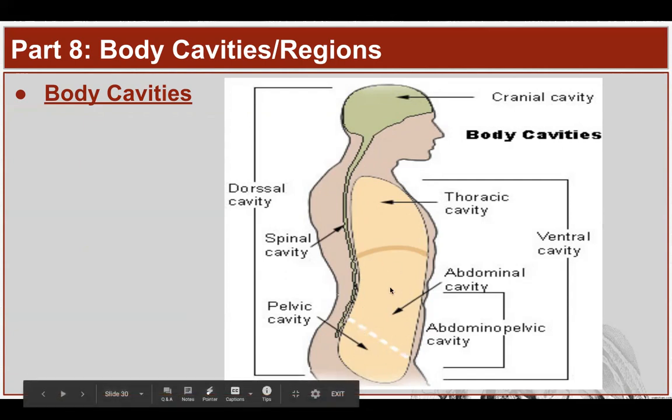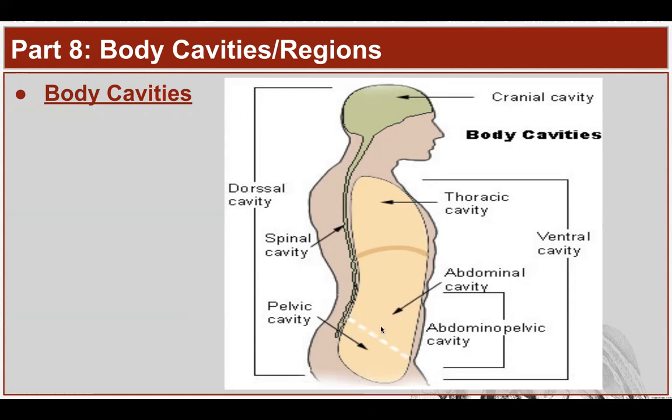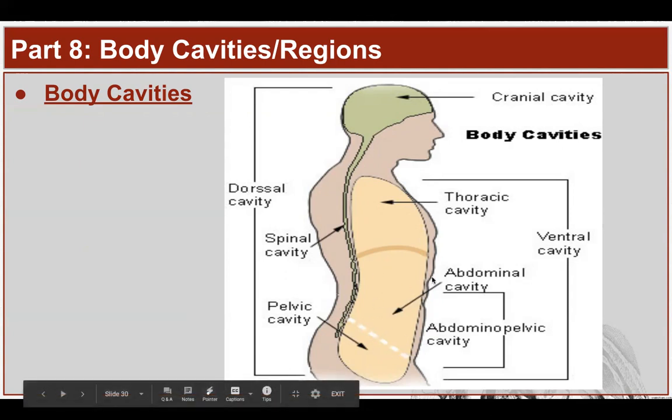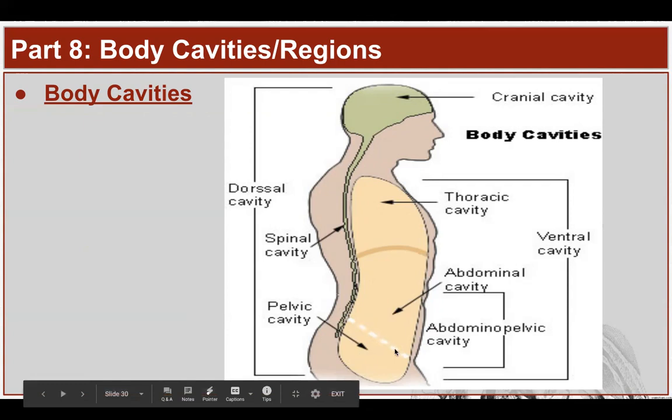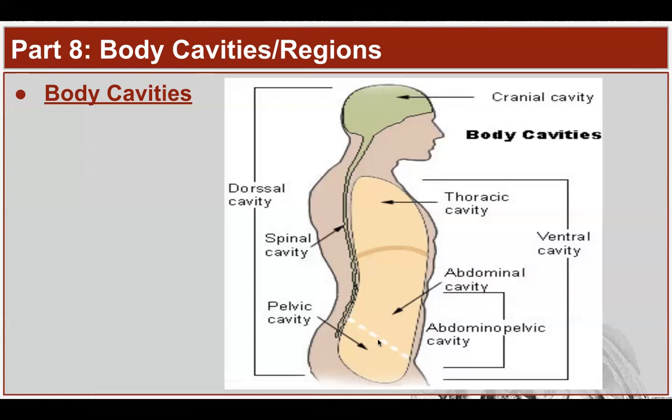The stomach, the liver, the intestines are all found within the abdominopelvic cavity. The division between the thoracic and the abdominal cavity is the diaphragm. There is no division here, which is why it can be called the abdominopelvic cavity, because there really is no barrier between the abdominal and the pelvic cavities.